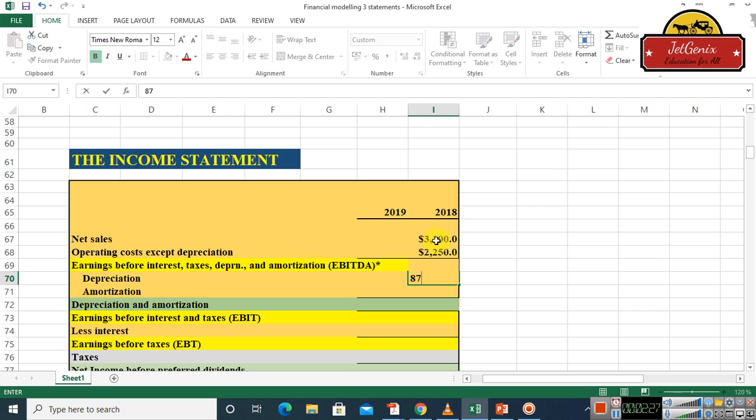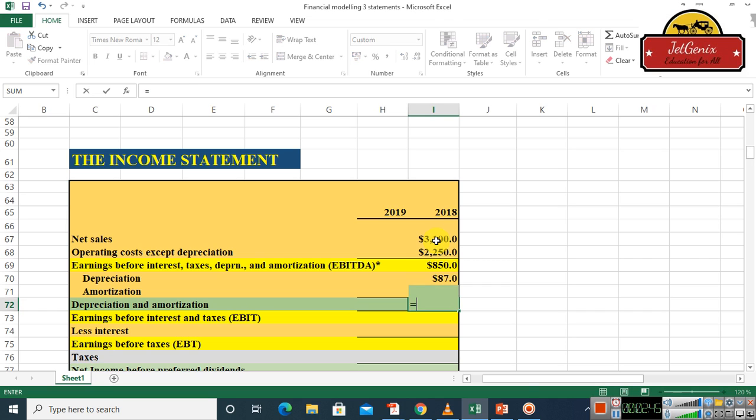Now let's assume that we have the depreciation cost of this year is 87 million. Okay, now just press enter to record the amortization, and let's assume there is no amortization of this company in 2018. So I'm going to calculate the overall figure for depreciation and amortization.